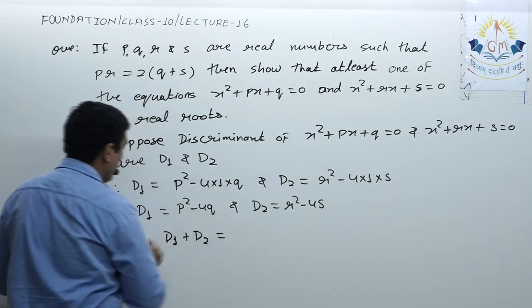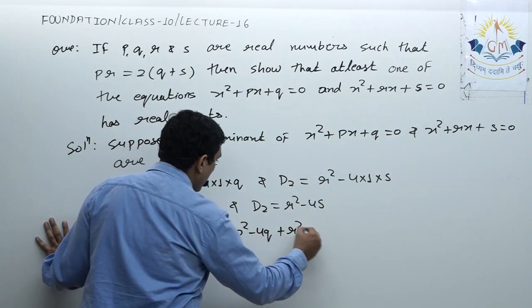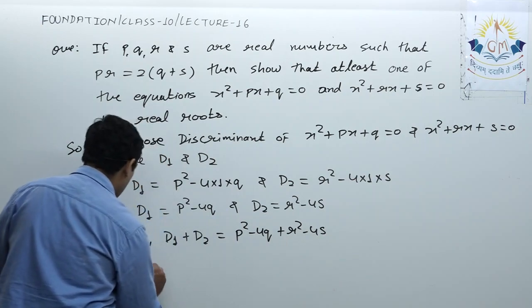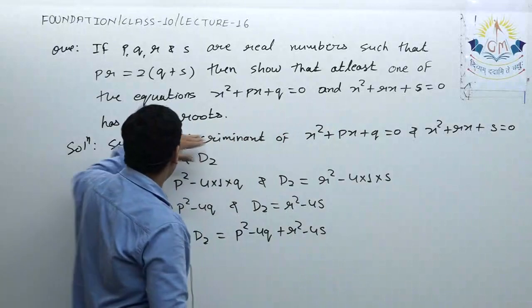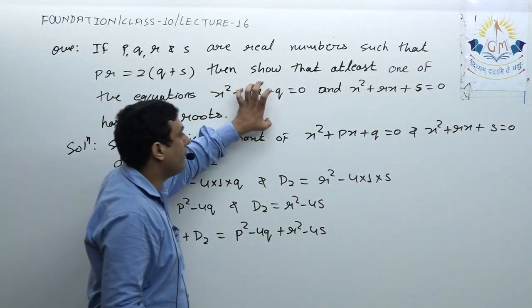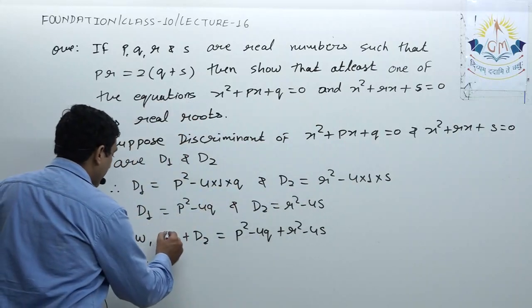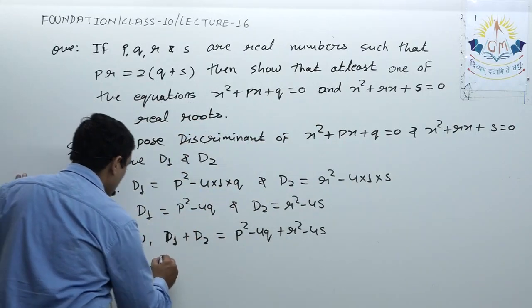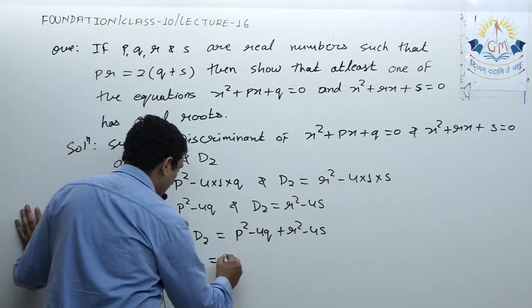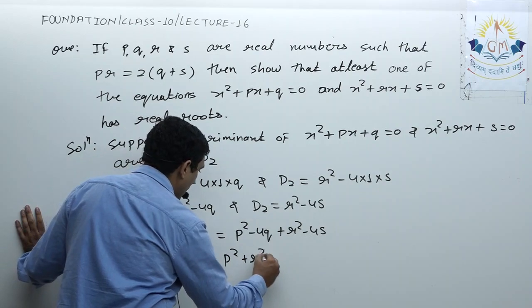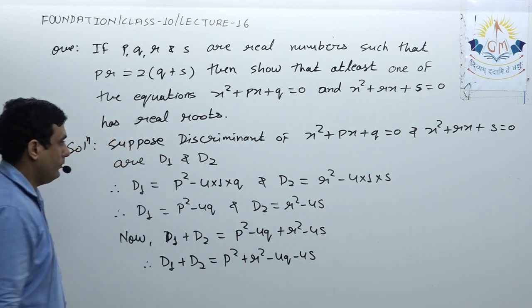Now d1 plus d2 is equal to p square minus 4q plus r square minus 4s, so I can write p square plus r square minus 4q minus 4s.